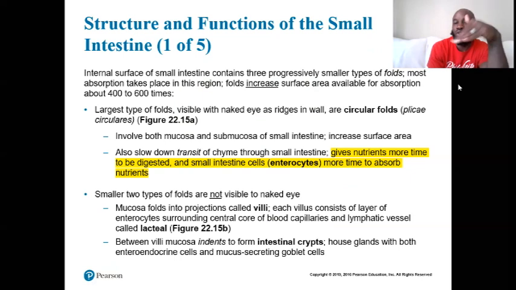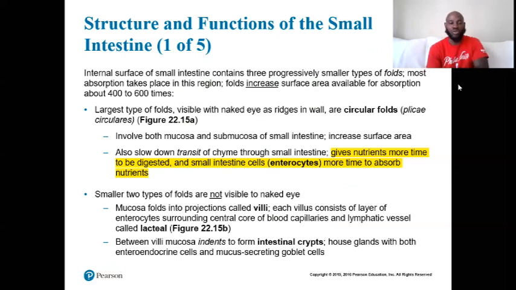Folds, you have these folds in the intestine surface, increases the surface area of the intestines, which makes it more likely for nutrients to come in contact with that surface, eventually get absorbed into the intestines, through the intestines into your bloodstream, into your lymph, etc.